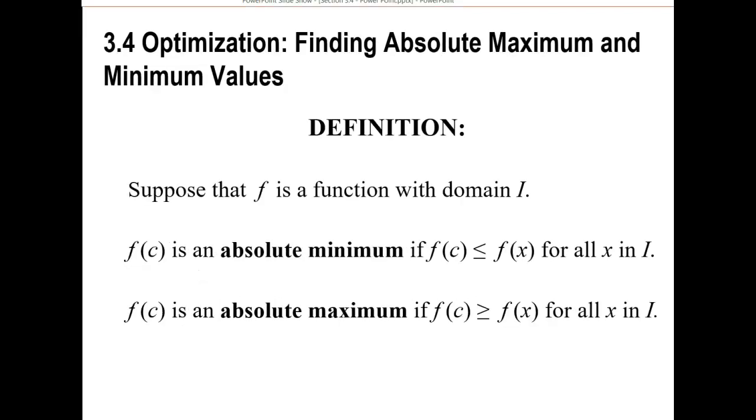All right, so the definition: suppose that f is a function with domain I. f of c is an absolute minimum if f of c is less than or equal to f of x for all x in I. The only difference between the relative extreme values that we found in the first few sections and an absolute extreme value is that relative could mean just the lowest or highest point within a subset of the domain, and an absolute max or min is over the entire domain.